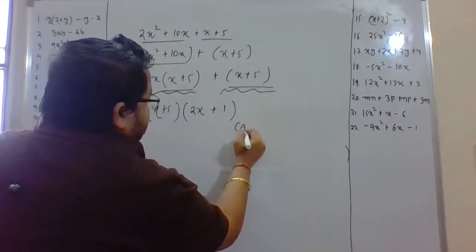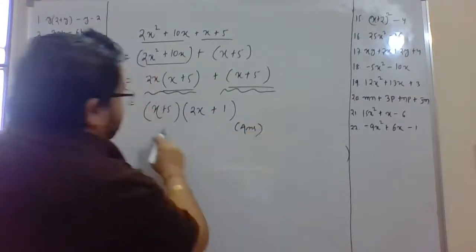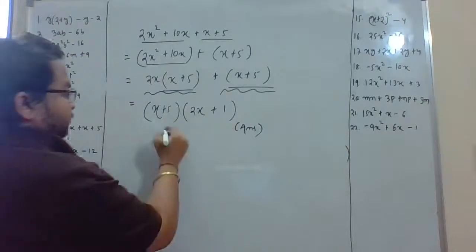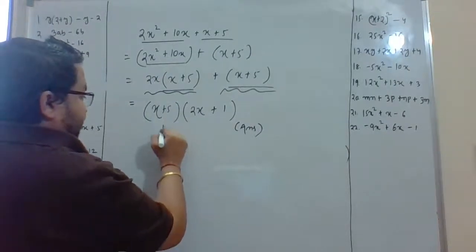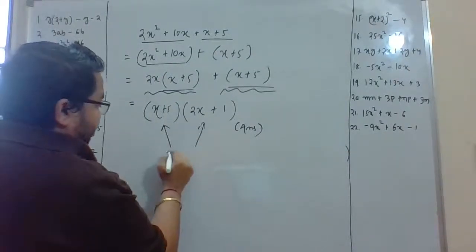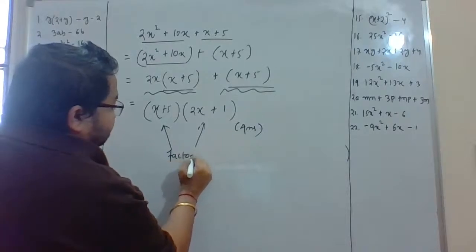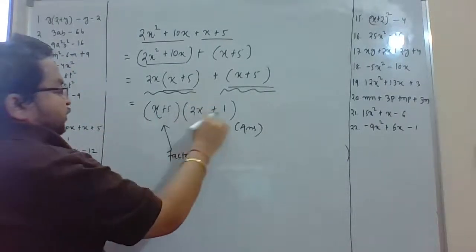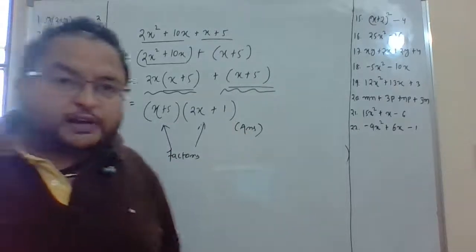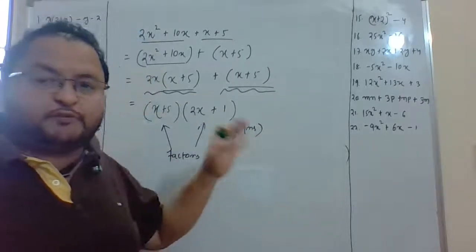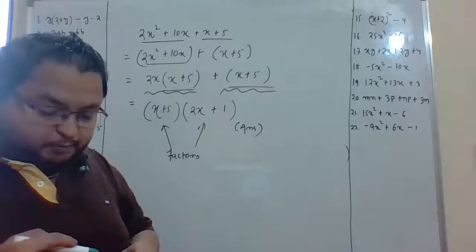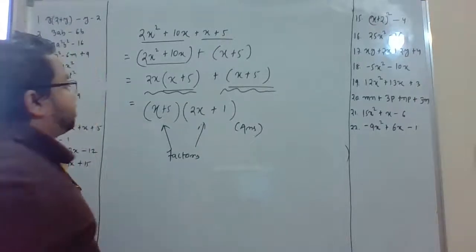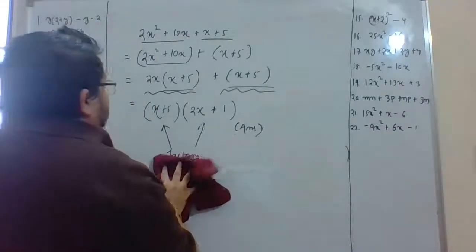So this is your answer: x plus 5 into 2x plus 1. Both of them are factors, and the highest power of variable in each of these factors is 1. So obviously this is the fully factorized form of the given problem, right? So we are pretty good at this.